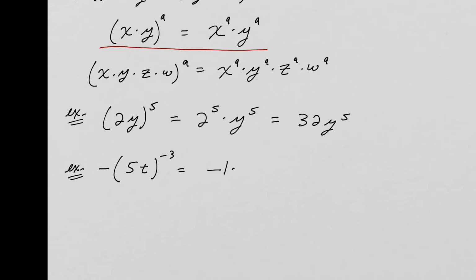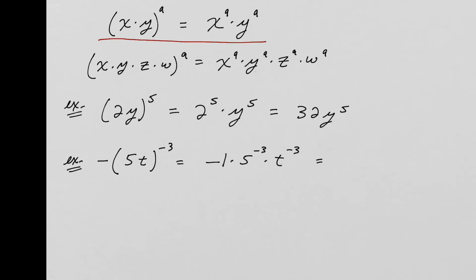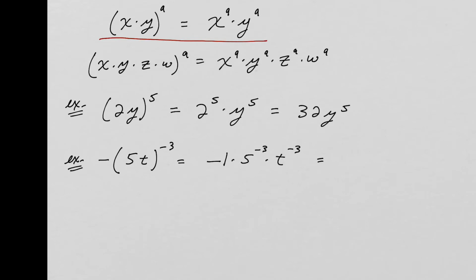And then each piece, since we have a product raised to the power, I can raise each piece. So the 5 gets raised to negative 3, and the t gets raised to negative 3. But then we can use the rule that if we have a negative exponent, we can move it right from the numerator to the denominator as long as we change the sign on the exponent.